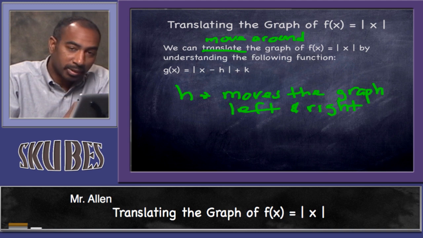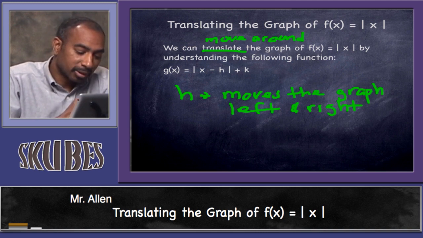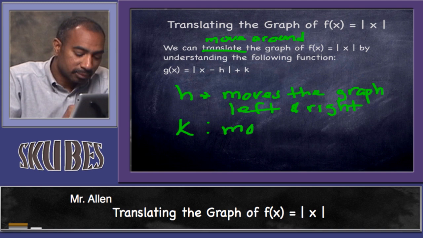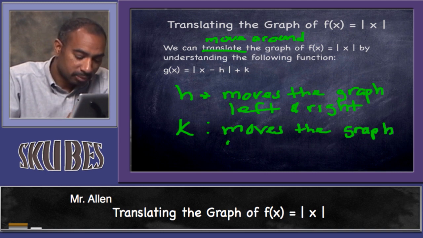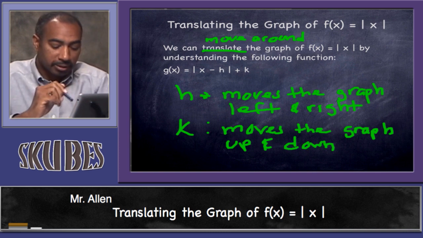Remember, negative means you're going to the right, and positive means you're going to the left. And this constant k moves the graph up and down. All right, so let's see how this looks.